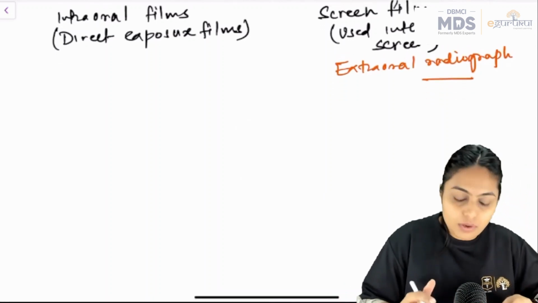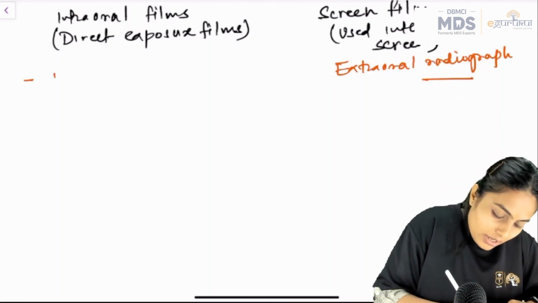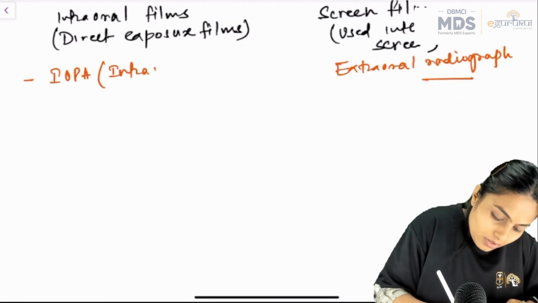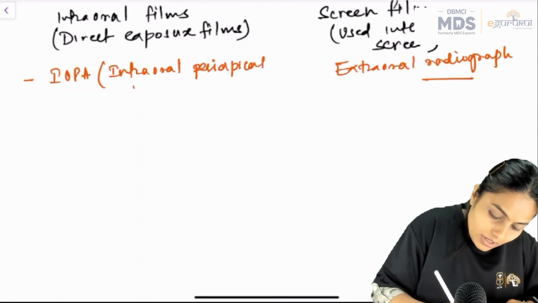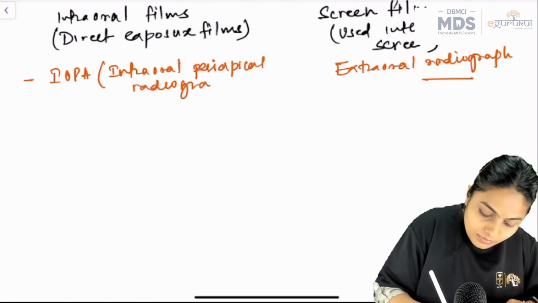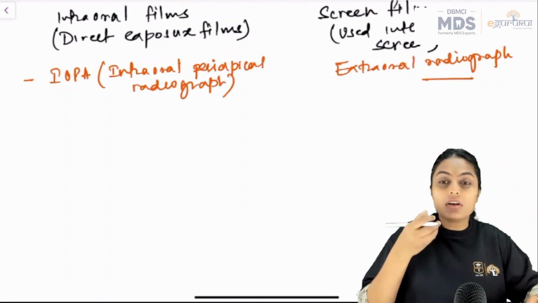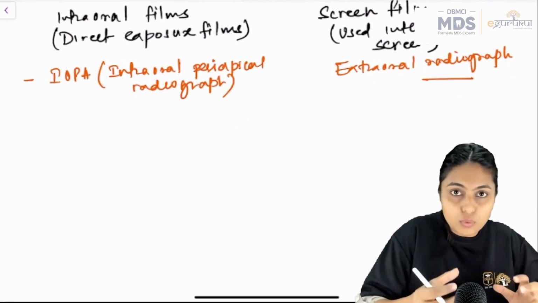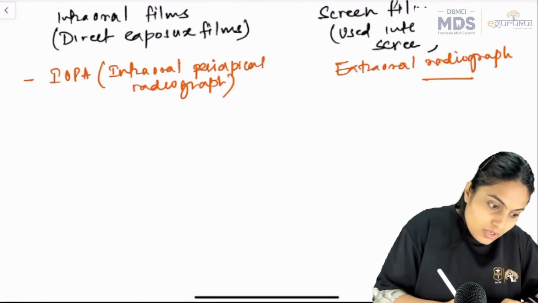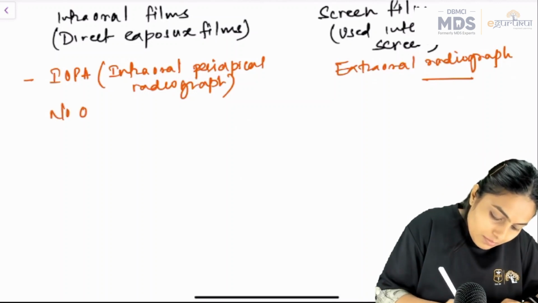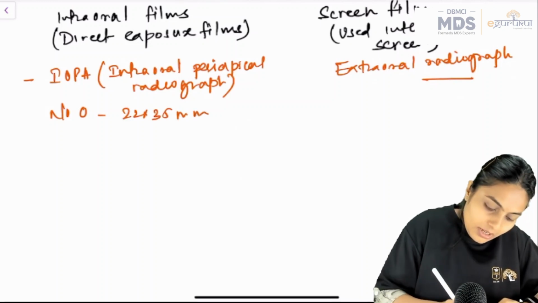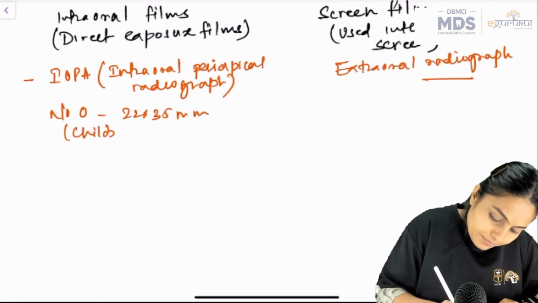Now we have intraoral films. We have types of intraoral films. First is your IOPA, which is intraoral periapical radiograph. It has sizes according to the site of the tooth which you are going to radiograph. We have number 0 film, which is 22 into 35 mm, mostly for children.